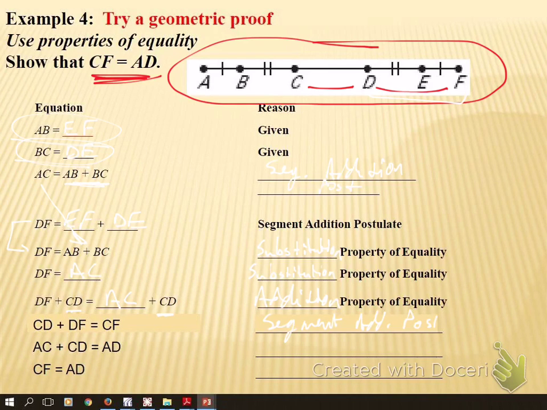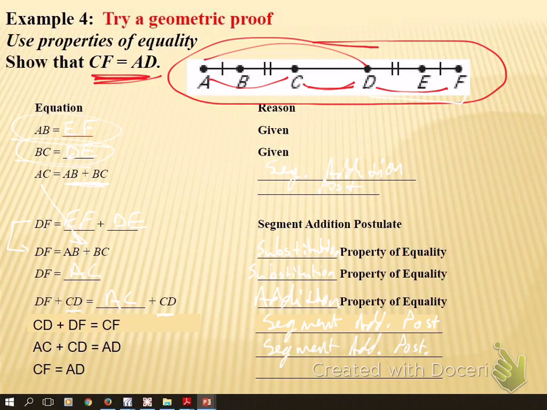Not property, postulate, sorry. Segment addition postulate says that's true. And then the same thing for AC and CD. AC plus CD is going to be equal to AD. And that's by the segment addition postulate. Keep saying property.